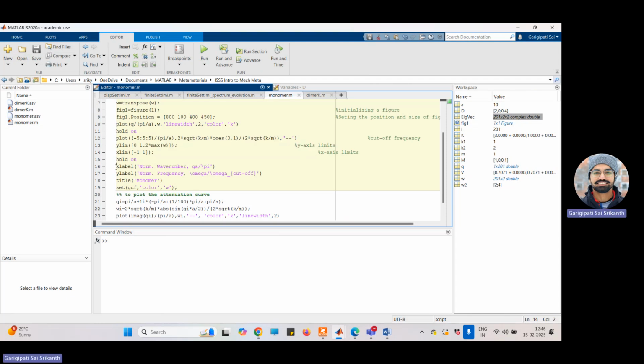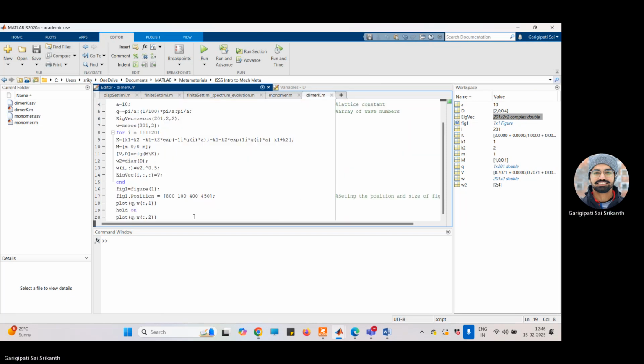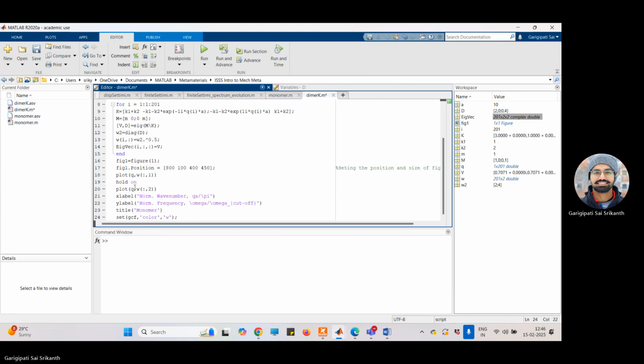Go one by one. Normalized wave number. Normalized frequency cutoff. What is omega cutoff?